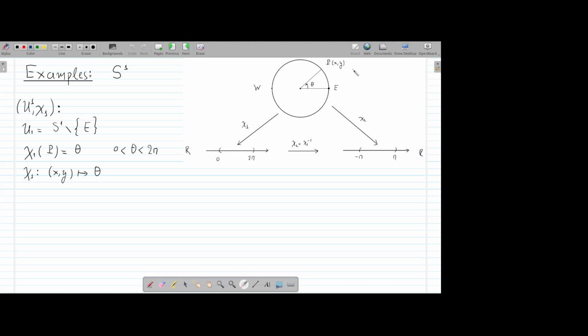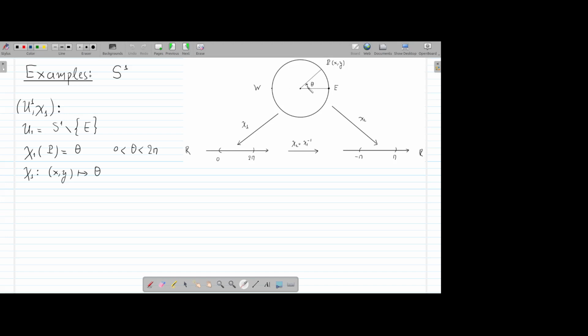So we can define a coordinate system for such points by considering the angle theta that the position vector of the point P forms with the real axis, and then map this point (x, y) to this angle theta. So this is a chart which is differentiable, but it doesn't cover the whole circle.